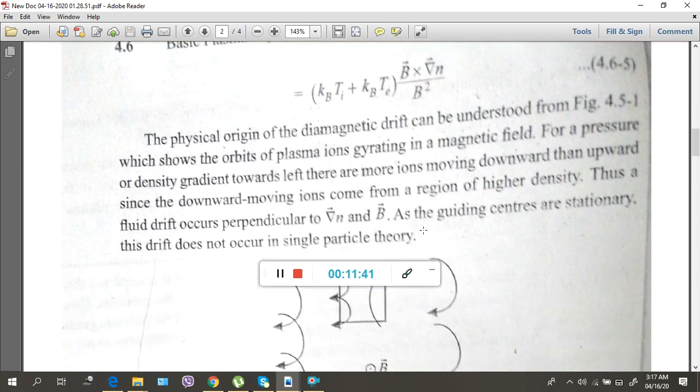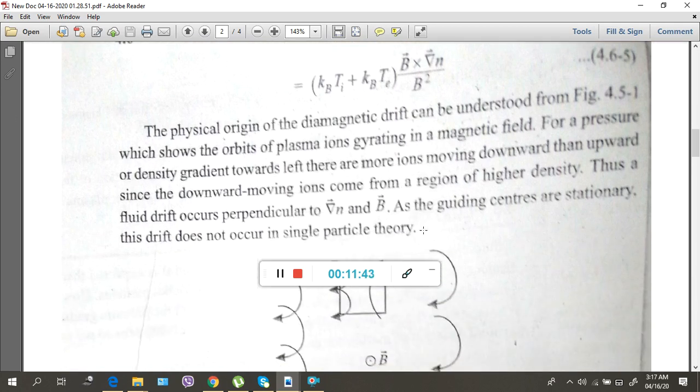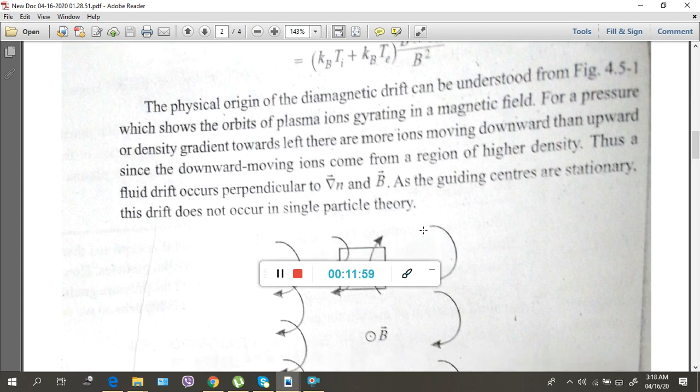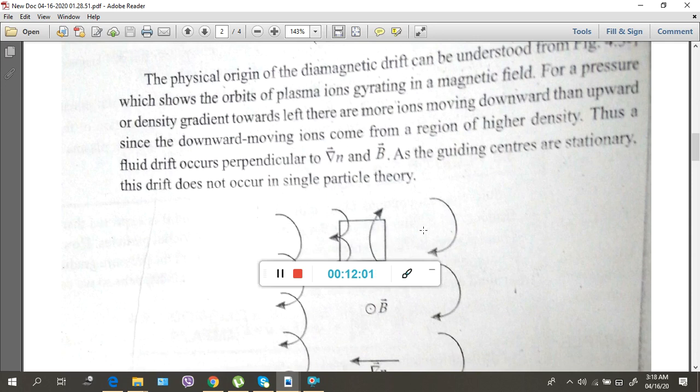So the physical origin of the diamagnetic drift can be understood from equation 4.5, which shows the orbits of plasma ions gyrating in a magnetic field for a pressure or density gradient towards the left. There are more ions moving downward than upward, since the downward moving ions come from a region of higher density.